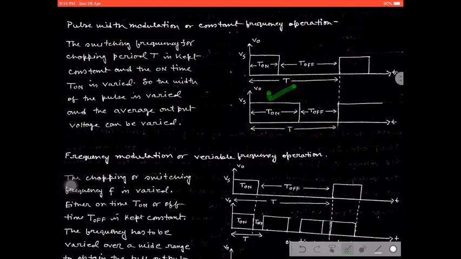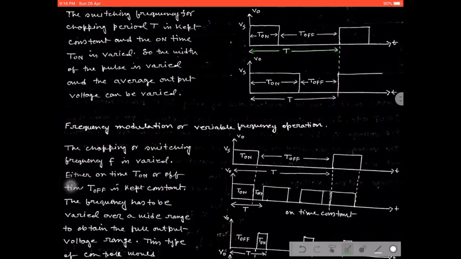We are not changing the frequency, the time duration remains the same, but we can change the pulse width of the output. That means by changing the pulse width or the duty cycle, we can change the average output voltage. Right? So that is why this is called pulse width modulation or constant frequency operation, as the frequency is constant for both. This is the operation.